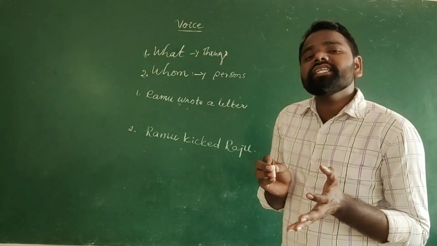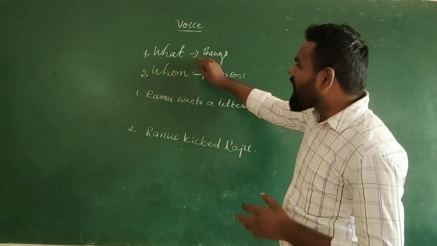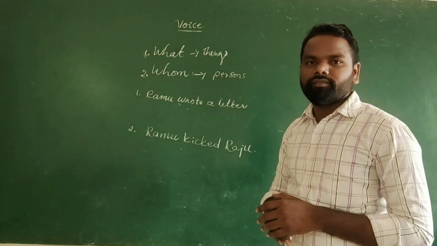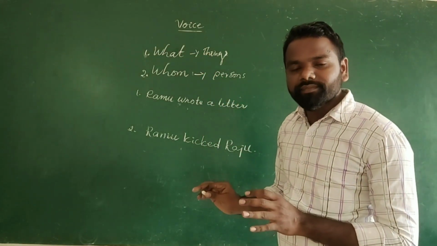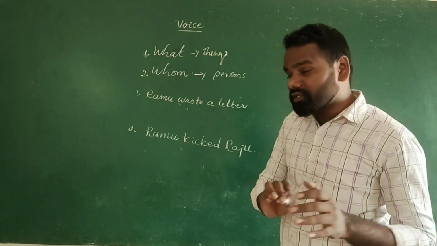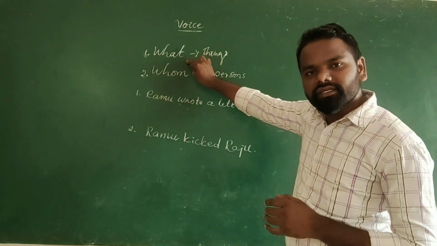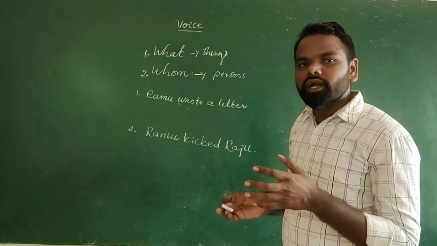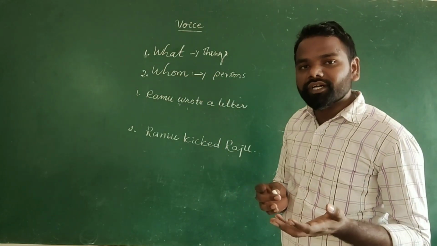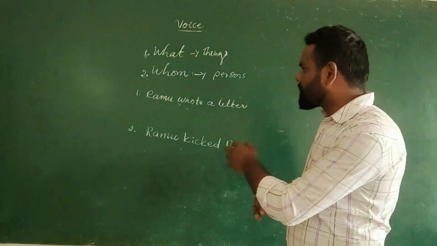And before identifying that, let us ask these two questions. If you get an answer for these two questions, we can change active voice to passive voice. If you don't get an answer for these two questions, you cannot change active voice to passive voice.